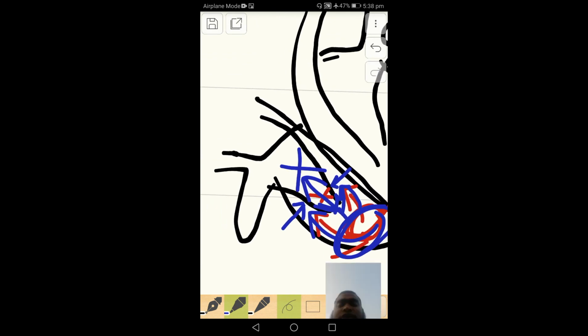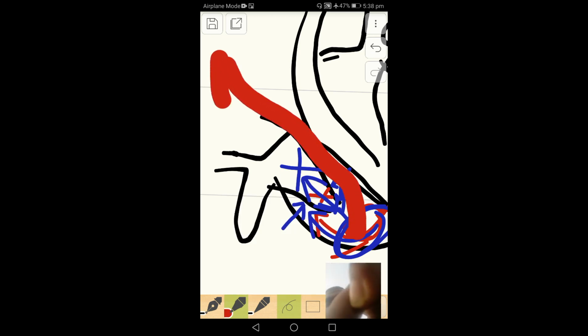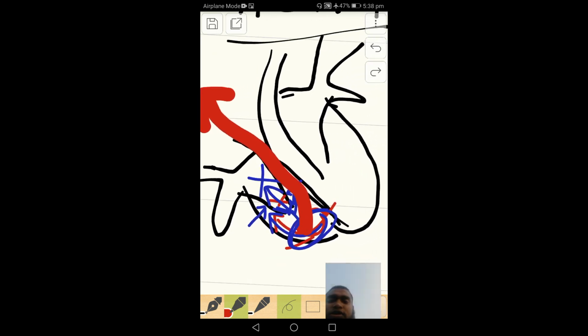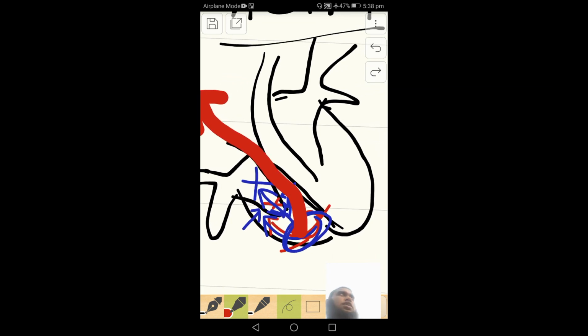Since the blood cannot flow back into the atrium, it goes straight from the ventricle to the outside through the artery. This is the same thing that happens in the left side of the heart also.